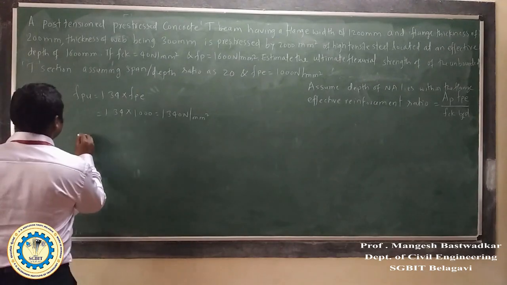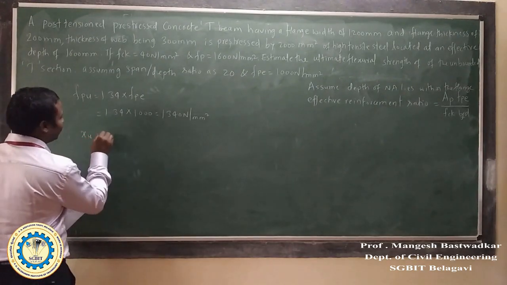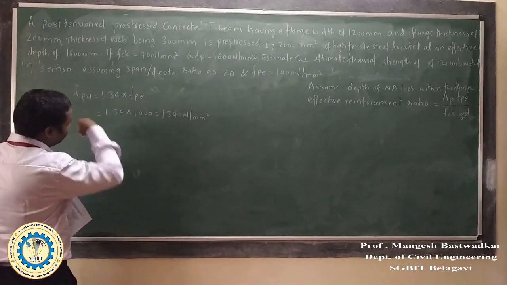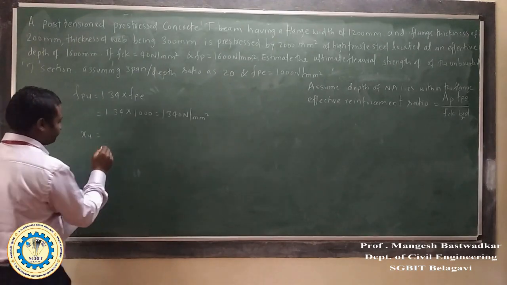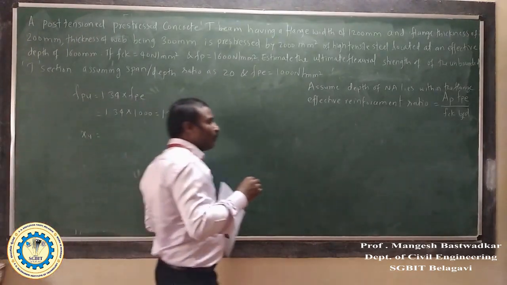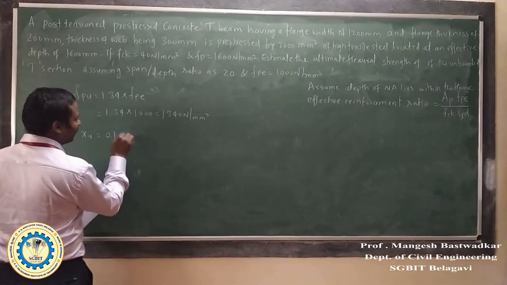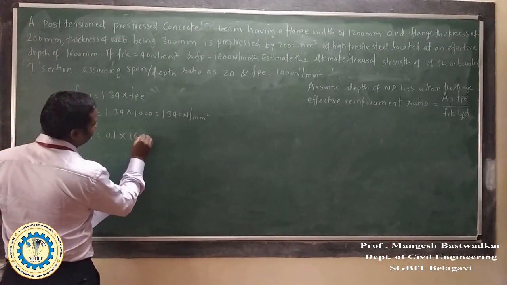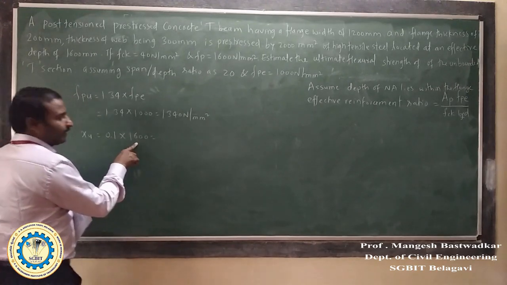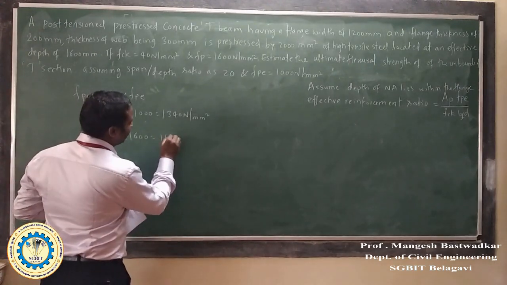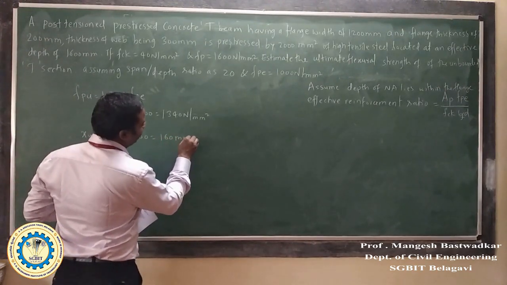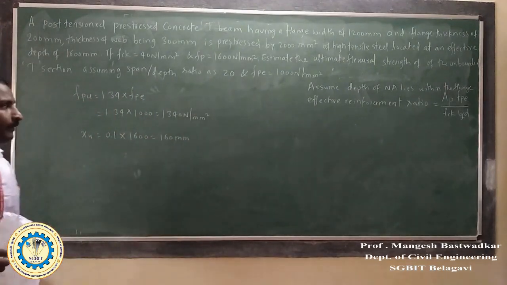Then XU by D value we have got is 0.1. So I will multiply by the effective depth, 1600 mm. So here the depth of neutral axis we have got is 160 mm.